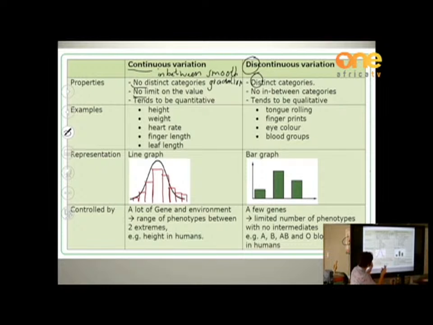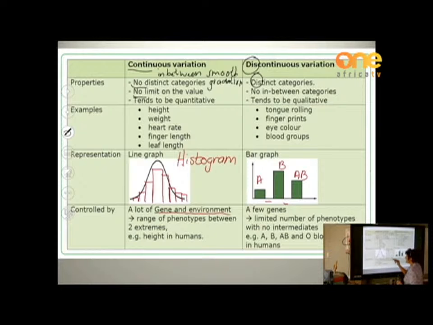Why do they touch each other? Because they are in-betweens. So we use a histogram instead of a line graph. And when we use distinct, we use a bar graph with definite spaces, because we have A blood group, we have B blood group, we have AB blood group, and no in-betweens.